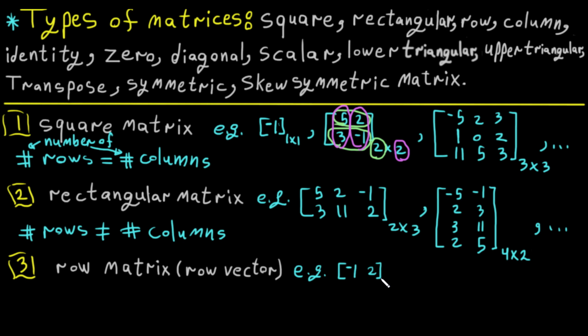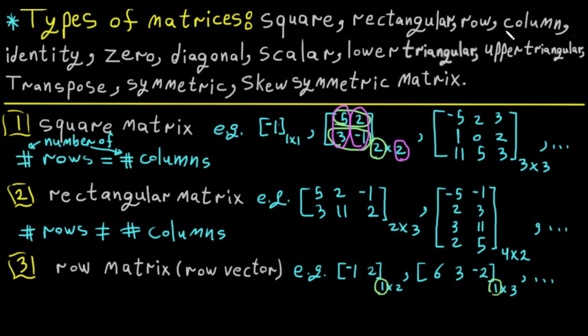It has just one row, 1 by 2 because one row and 2 columns. And here this one, 1 by 3, and so on, because here 3 columns. And as you noticed, here 1, here 1, so it has only one row. So this is the row matrix.